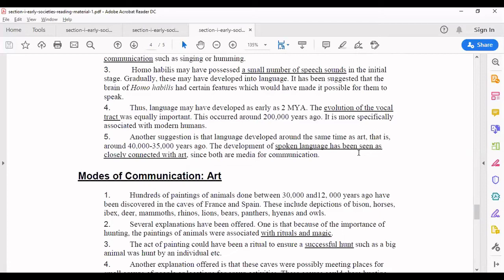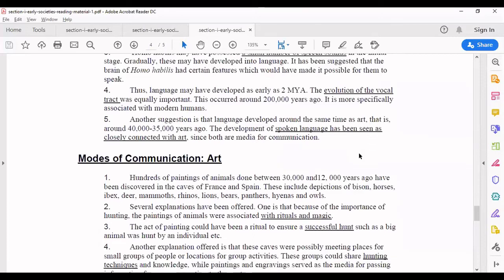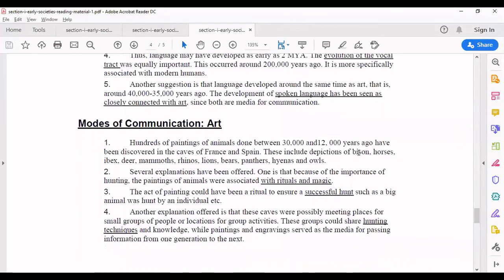And so the language has developed as early as 2 million years ago. The evolution of vocal tract was equally important. This occurred around 200,000 years ago, and it is more specifically associated with modern humans.